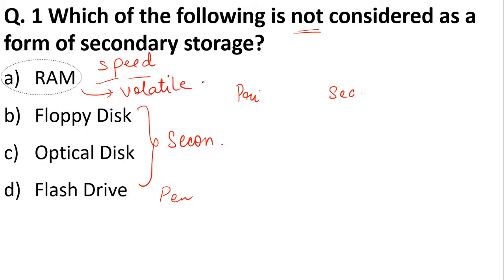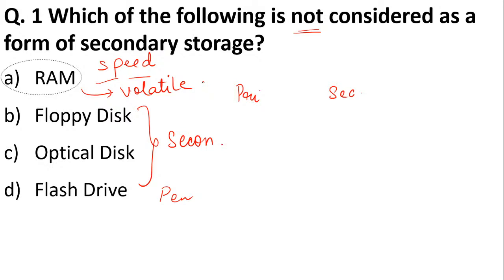For students who do not know what volatile memory is, it means that if the power goes off in your computer system, whatever is saved inside the RAM goes away. For example, if you have opened PowerPoint on your system, that PowerPoint opens in your RAM.